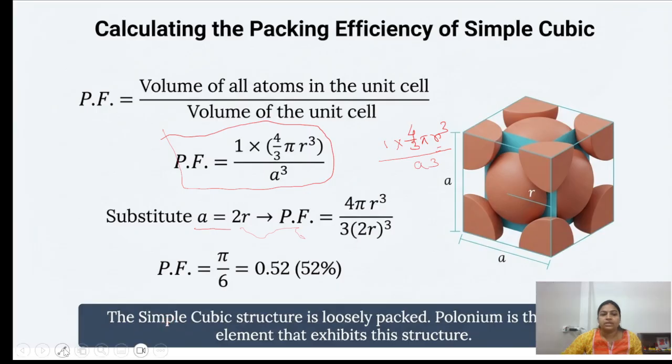So the simple cubic structure is loosely packed, and polonium is the only element that exhibits this structure. So this is the packing factor of the simple cubic structure, and this is the case study of simple cubic.